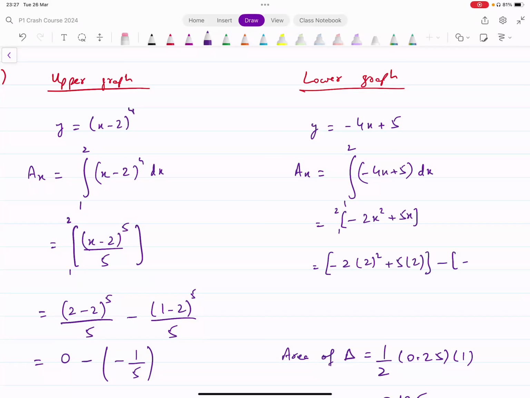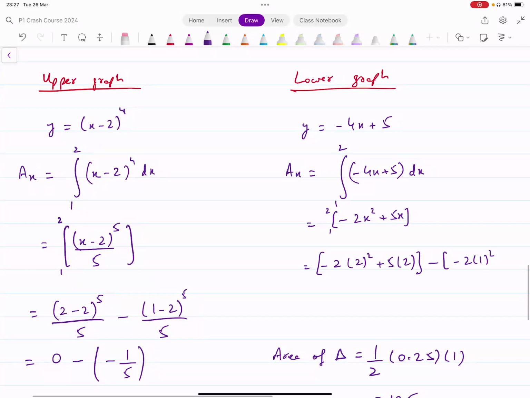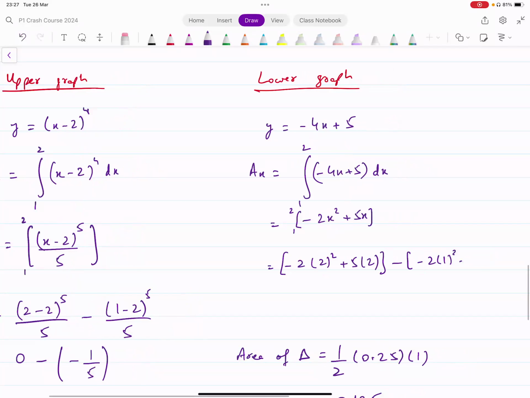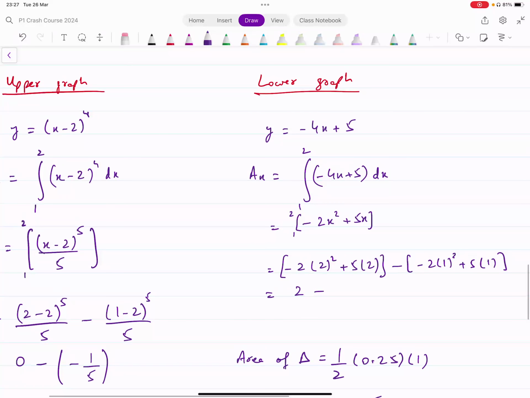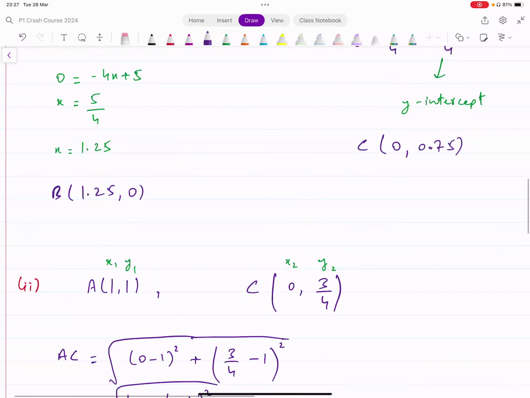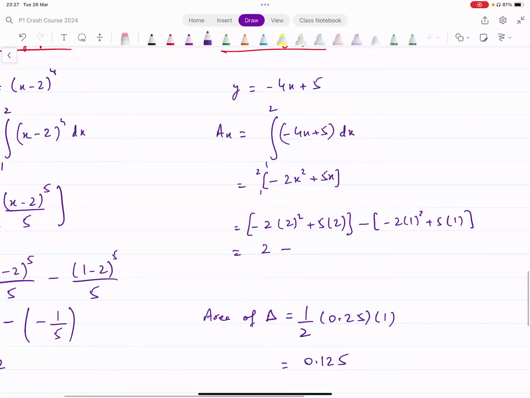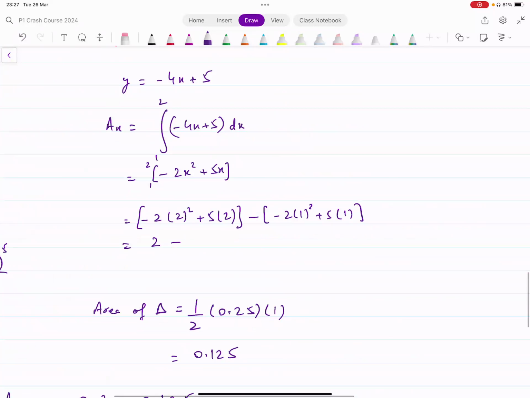Subtract from that minus 2 into 1 squared plus 5 into 1, which turns out to be minus 8 plus 10, which is 2, minus 3. No, there is something wrong here. Minus 2x squared plus 5x limits.